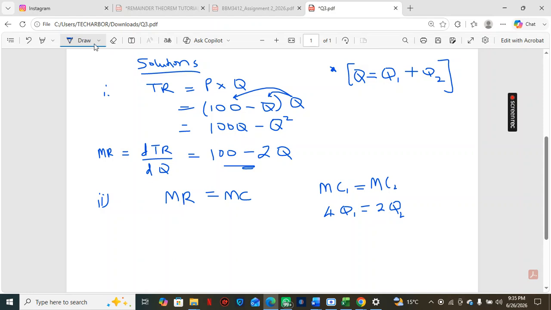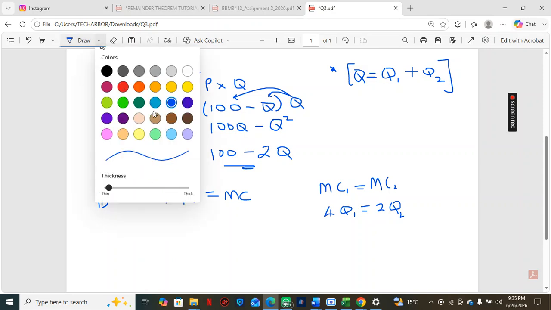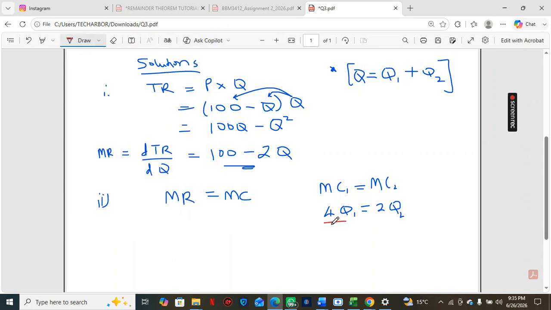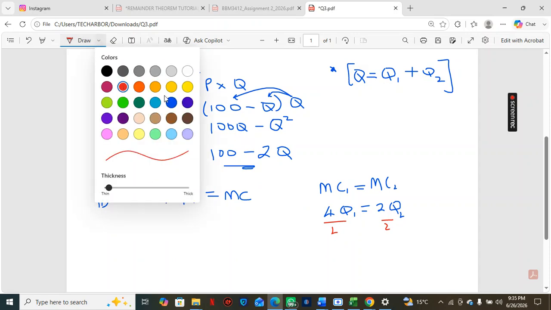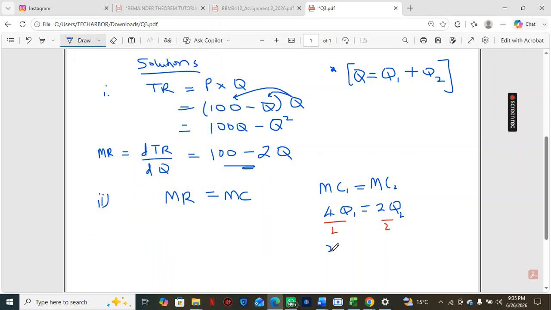If we divide both sides by 2, we're going to have 2Q1 equals Q2. Okay. 2Q1 equals Q2. All right.